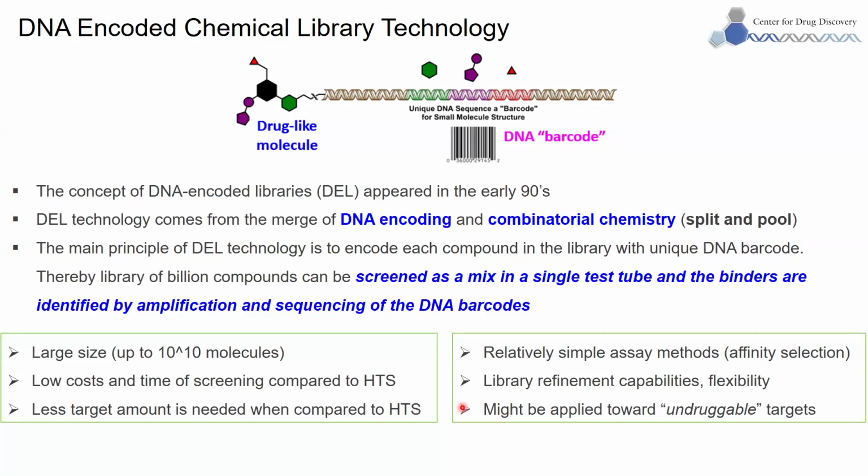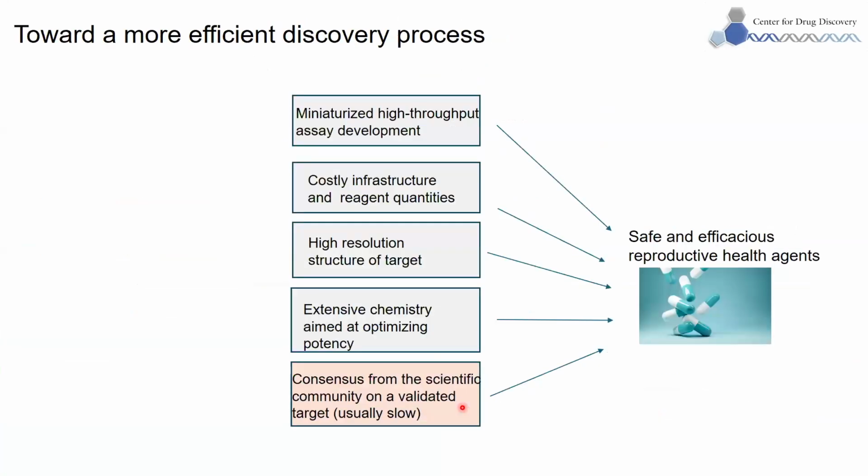Let's just extend this further. For any efficient discovery process, obviously you have to think about having a well-established assay to run high-throughput screening and development, let's say in the case of HTS. And you definitely need very fancy infrastructure and high reagent quantities and all those things.